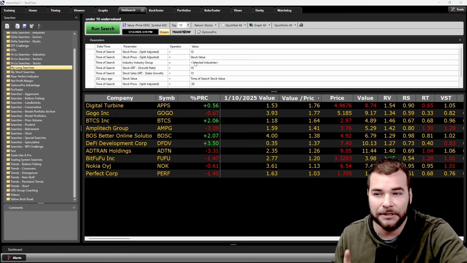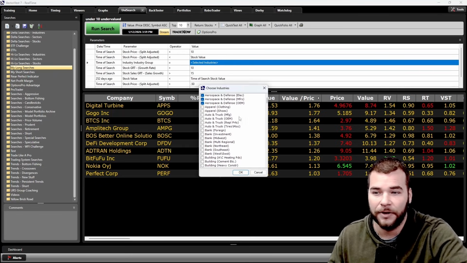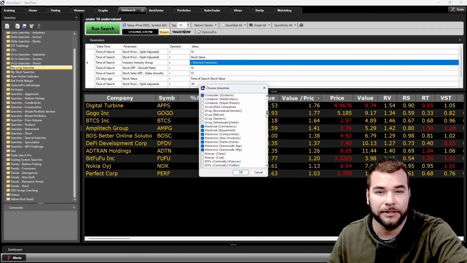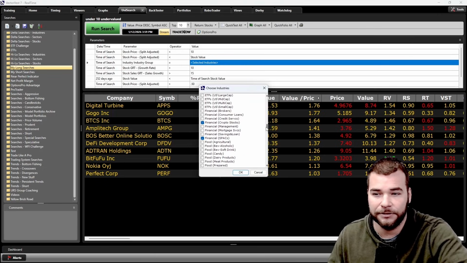Now, I do have selected industries here. If I go to the selected industries, you can see them checked off. I've got aerospace and defense as I scroll down. We're focused on computer stocks as well, services, makers, memory devices, hot space, as well as industries within the electrical and electronic space. That includes semiconductor manufacturing and semiconductor equipment. As I continue to scroll down, we've got some financial stocks here selected as well.